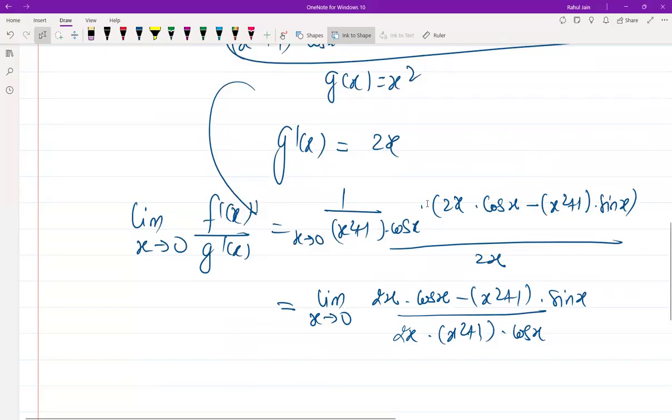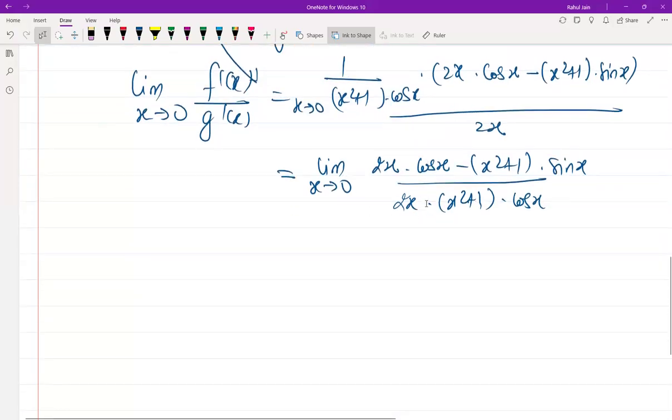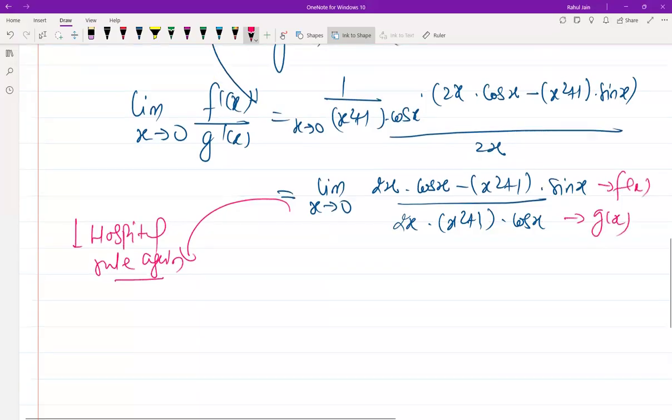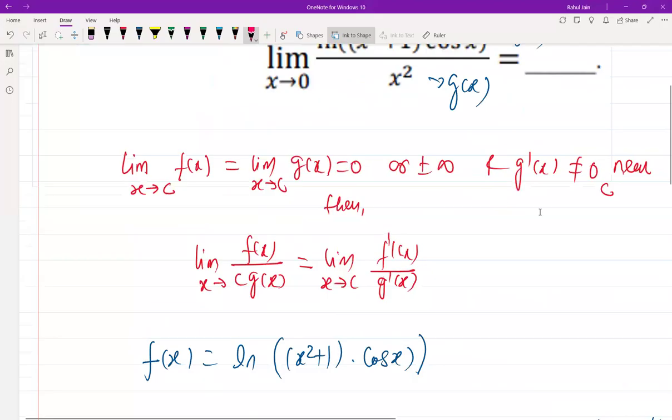Fine. Now we are applying the L'Hospital rule again on this equation. So I can consider this as f(x), I can consider this as g(x), and we can follow this particular rule, right?